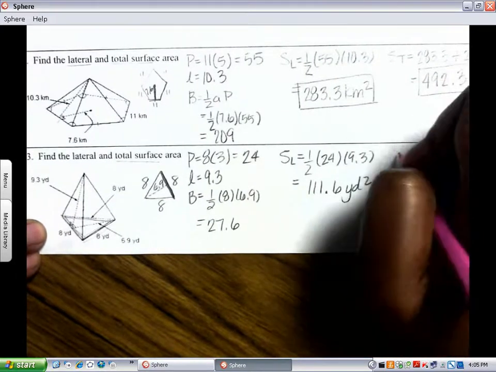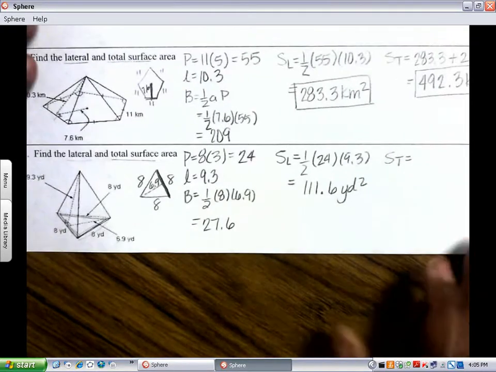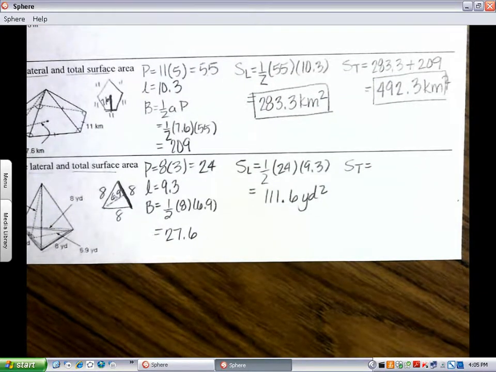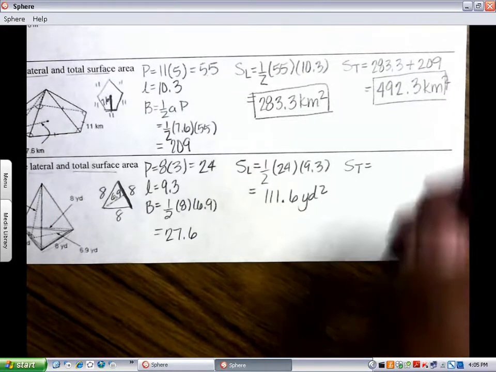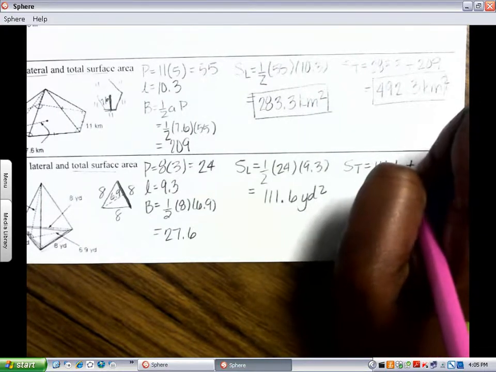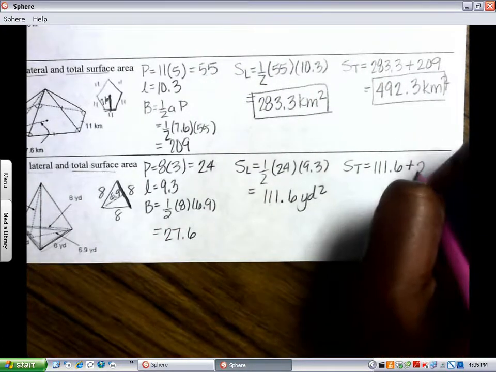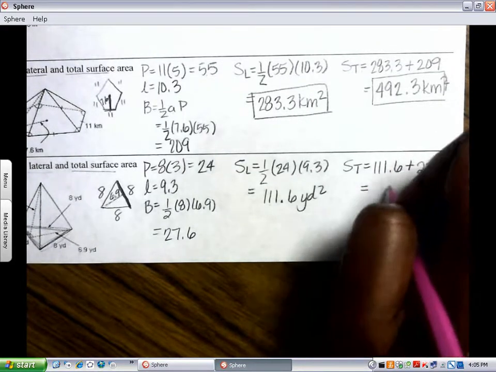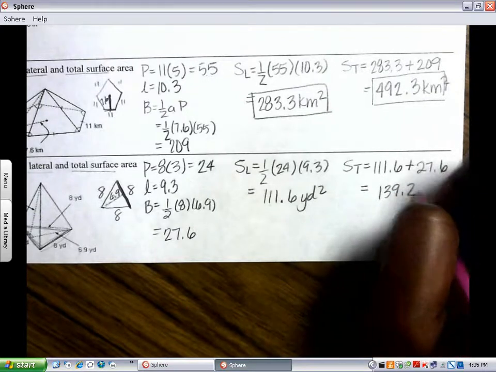Now let's see if you can calculate your total surface area. So you have to take the lateral surface area, 111.6, and add the base area of 27.6 to it, and you get 139.2 square yards.